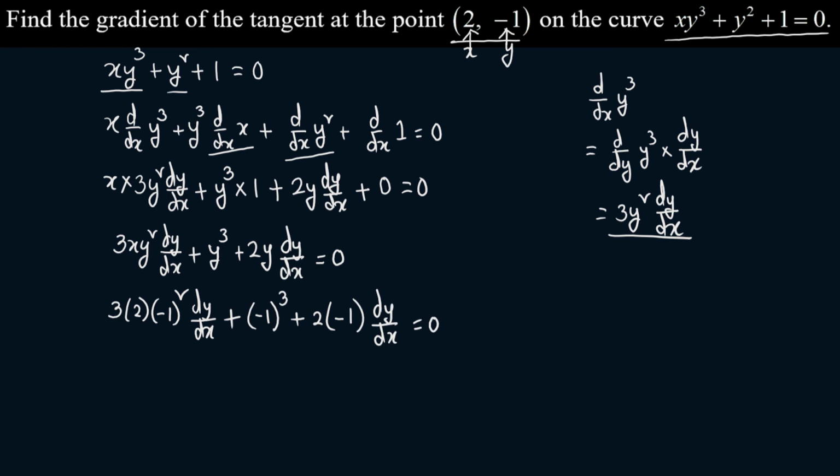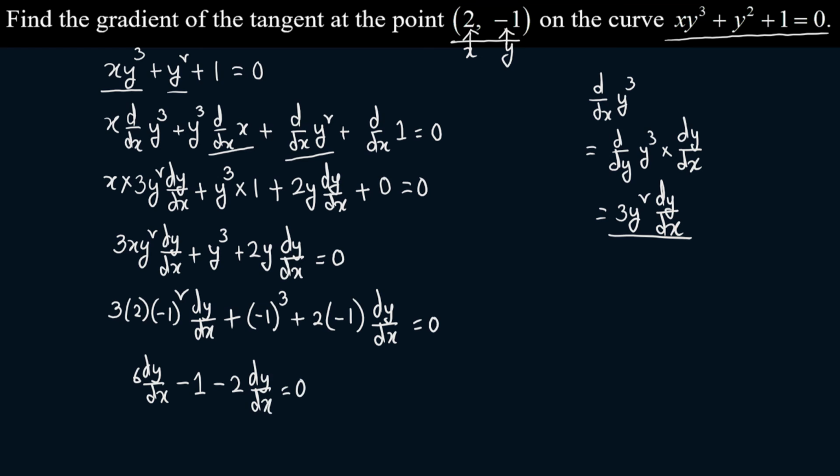Now simplify it more. 3 times 2 is 6, and (-1) squared is positive 1, so 6 dy/dx. Then (-1) cubed gives us -1, so minus 1, and 2 times -1 is -2 dy/dx.